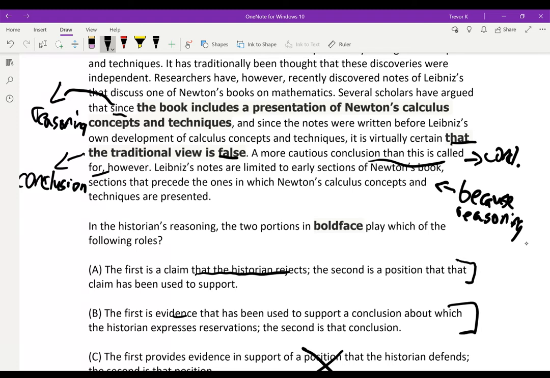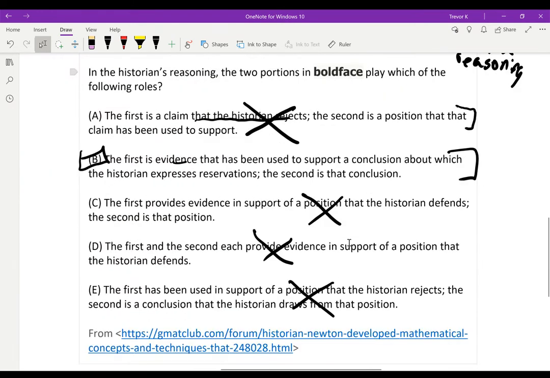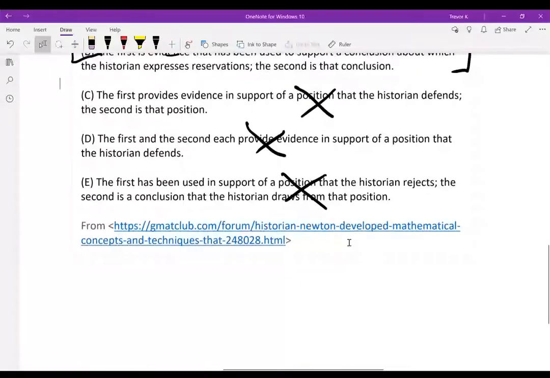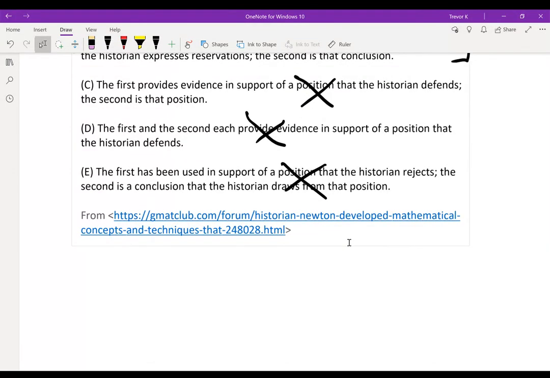He doesn't deny that claim or reject that claim. So I'd cross that out. I'd say it's just evidence. He agrees with the evidence, but he disagrees with the reasoning from the evidence. All right, cool. So this is critical reasoning, boldfaced. We're looking for our conclusion and then our reasoning. And then we just pretty much do that throughout the paragraph and we get our right answer as long as we're being careful. All right, cool. So that's pretty much that.